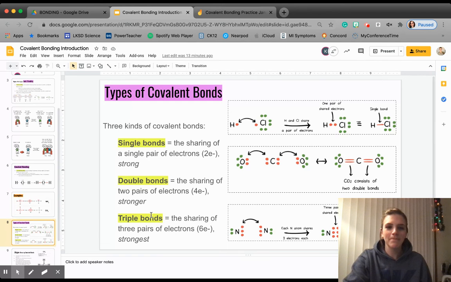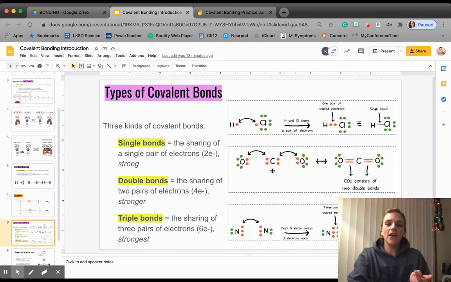One of the nitty-gritty details is that we're not just limited to sharing 1 pair of electrons at a time. If we do share 1 pair of electrons, we call that a single bond. And it's a relatively strong bond. Like you can see it here in hydrogen and chlorine, they're sharing 1 pair of electrons. It's a single bond.